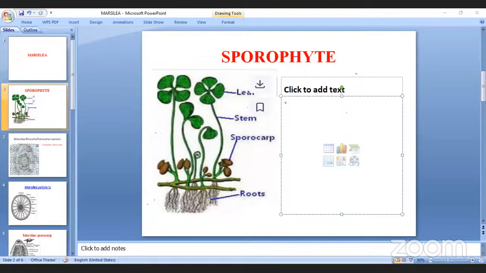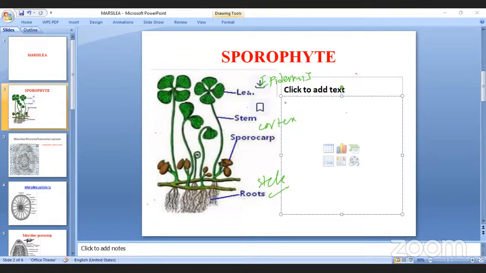If you take the same petiole, here also the same characters, but somewhat changed. What are the same characters here? TS of petiole has a circular outline. Same here also, like rhizome: epidermis, cortex, stem.